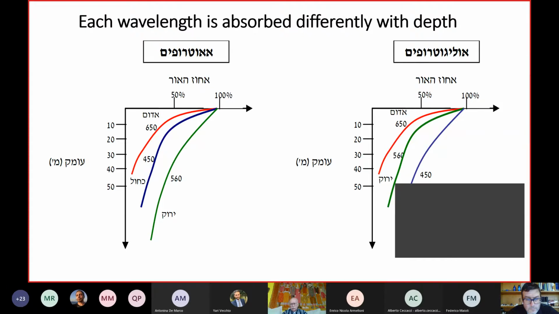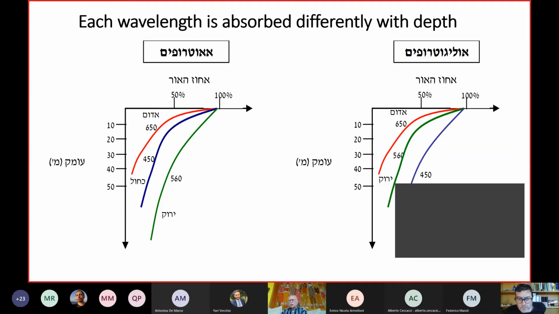Now, I'm sorry, you have in the box something in Hebrew. At the right, you have oligotrophic water with very little nutrients, with no algae, and you can see that the most penetrating component of the solar spectrum is the blue, and the red is absorbed readily, and the green also penetrates.